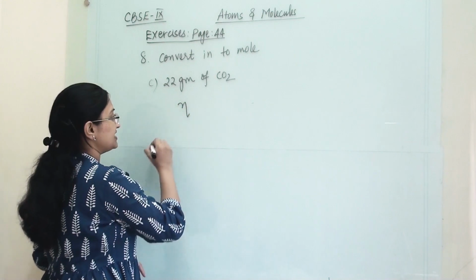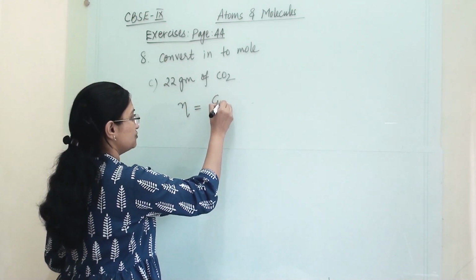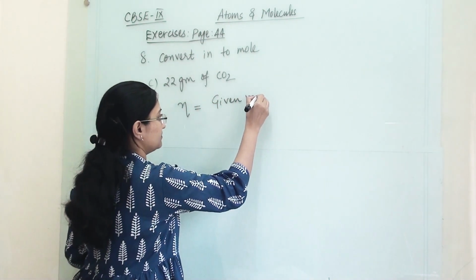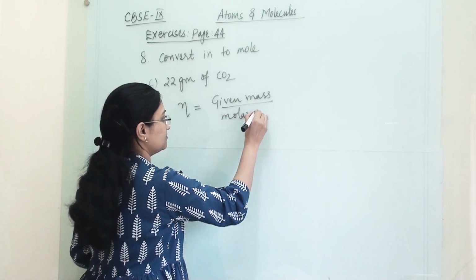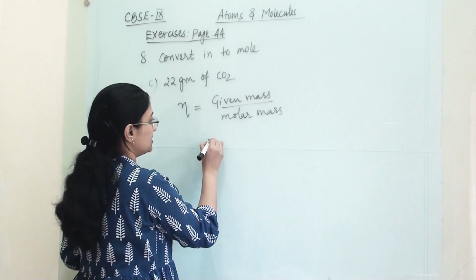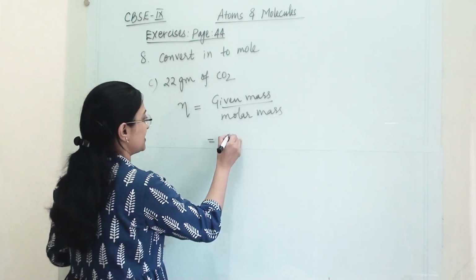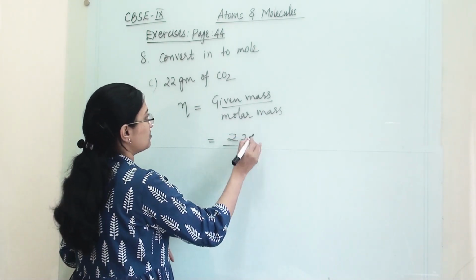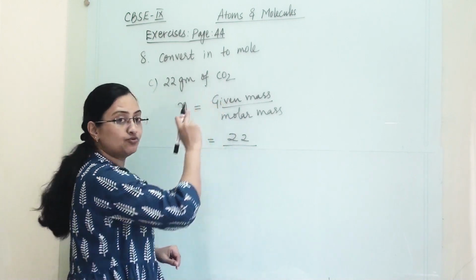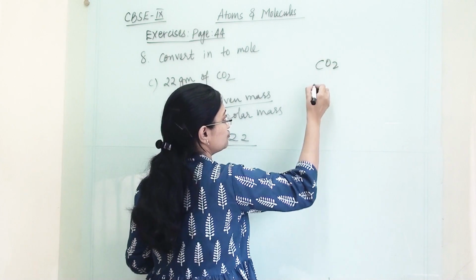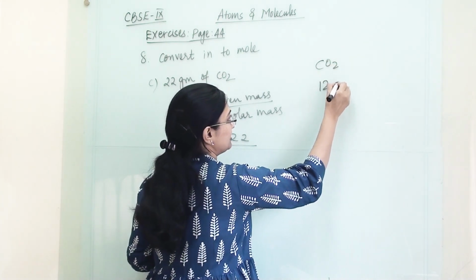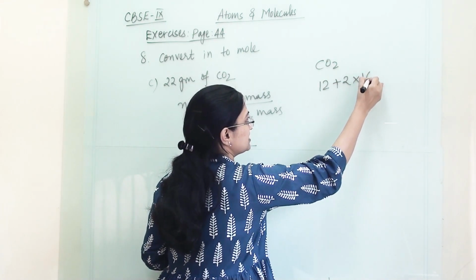So our formula is number of mole equals given mass divided by molar mass. So what is the given mass? 22 gram. Now molar mass. For molar mass we have to find out the molecular weight of carbon dioxide. So CO2: carbon is 12 plus 2 into 16.